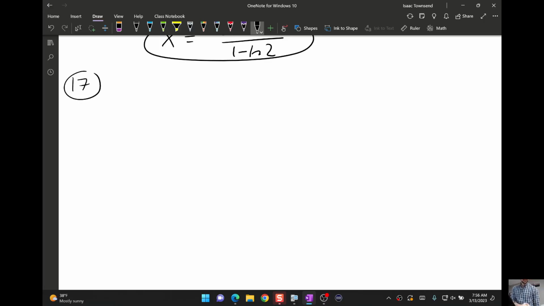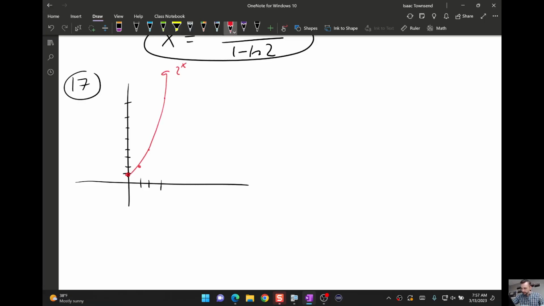Alright, 17 is saying approximate the point of intersections of the graph of f and g. So one of the equations is 2 to the x and one of them is y equals 8.